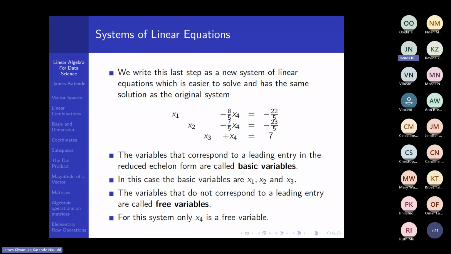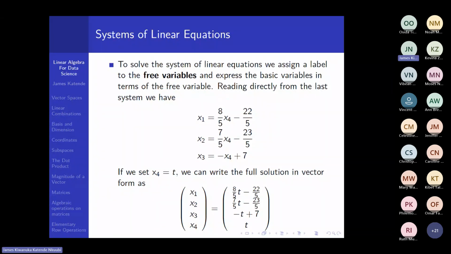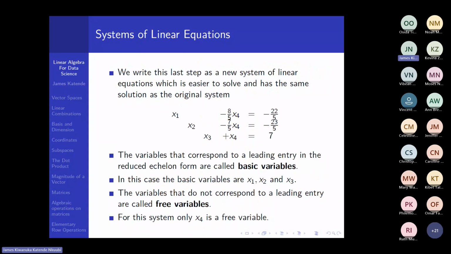Now to solve this system, what you need to do is rewrite all the basic variables in terms of the free variable. So x1, x2, and x3 can be written in terms of x4.